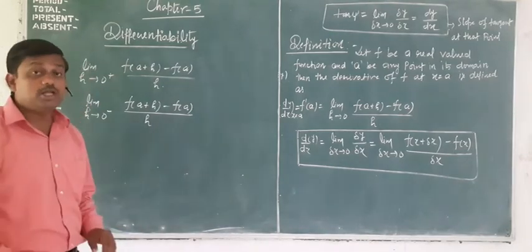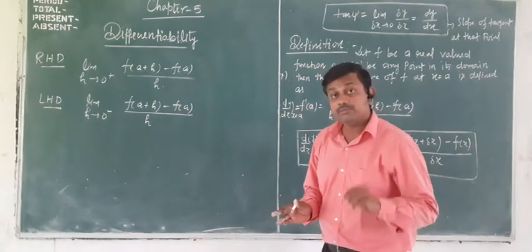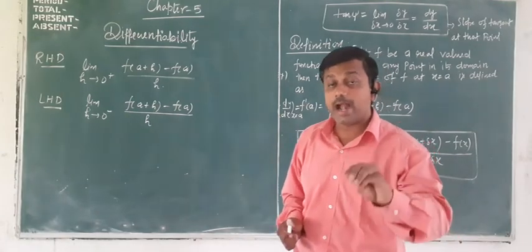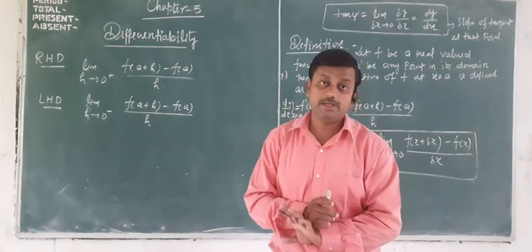Provided both limits exist finitely and are equal, the function is differentiable at that point, otherwise the function is not differentiable at that point.